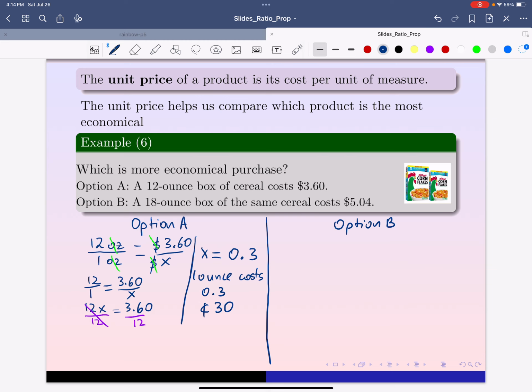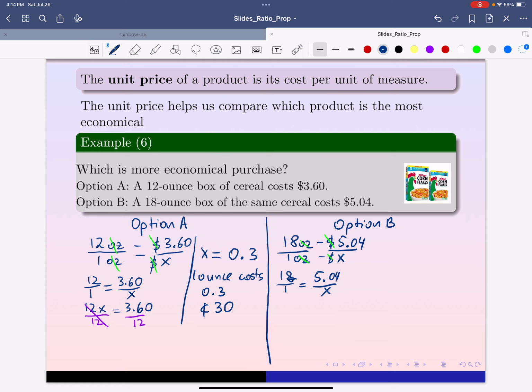So we have 18 ounces that cost $5.04. Now 1 ounce costs x dollars. And this is my proportion. As before, ounces cancel out, dollars cancel out. So what I am left with is 18 over 1 is equal to 5.04 over x.